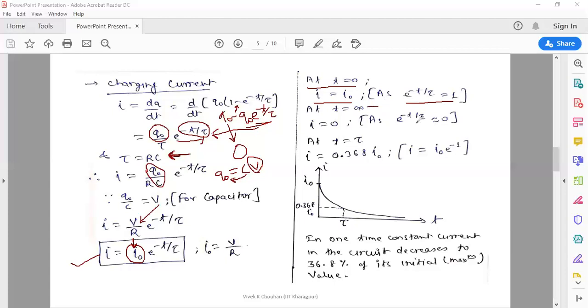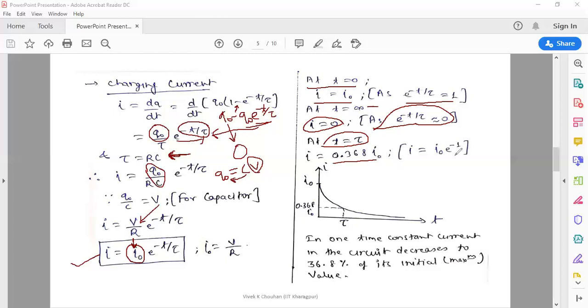As e to the power minus t by tau will become 0 at t is equals to infinity, which we saw previously also, when we put this value in the original expression for I, we will get I is equals to 0.